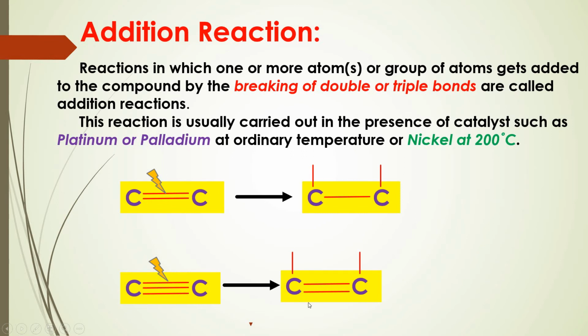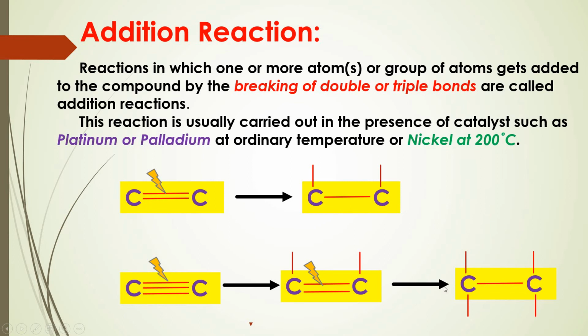Again, if we further do addition reaction, then the energy will again break one covalent bond out of these two and give the possibility of forming a single covalent bond to each of the carbon atoms.